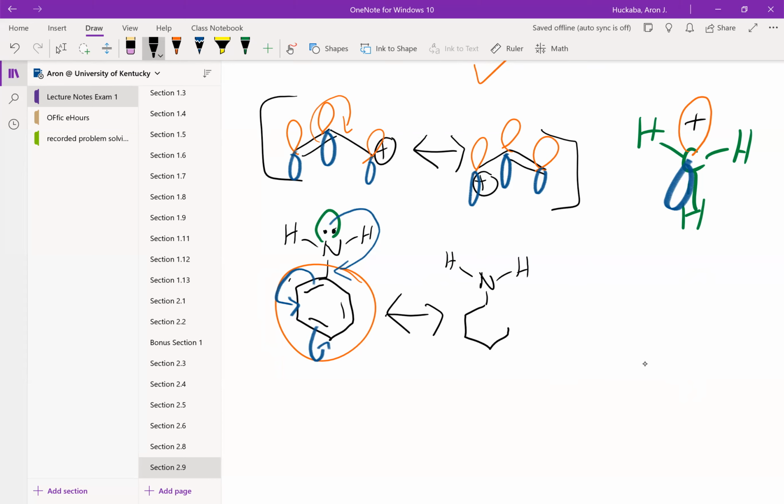And this type of phenomenon is something that we'll cover in section 2.13 on delocalized lone pairs. There we go, we got our charges in there. All right, and this is section 2.9.